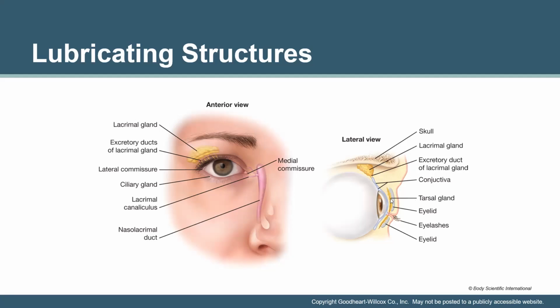In this lateral view, we also get to see that tarsal gland. The conjunctiva, again, is this very thin tissue that will cover the outside of the eye and the inner portions of the eyelid.